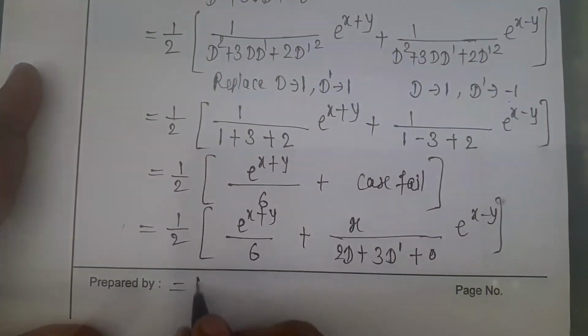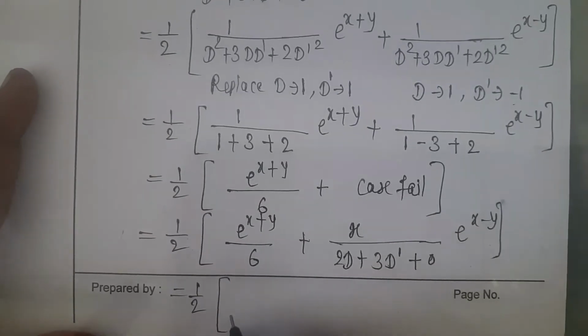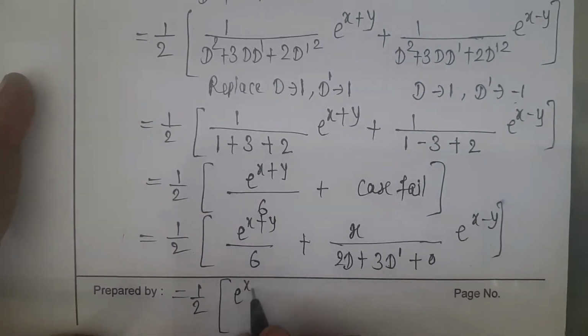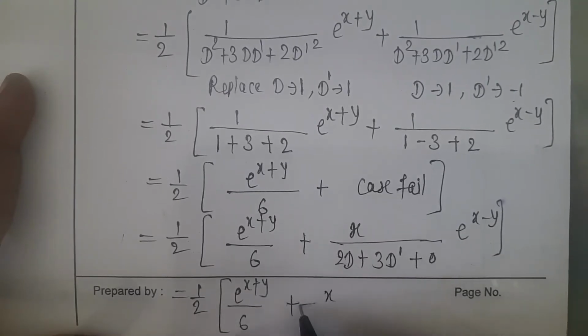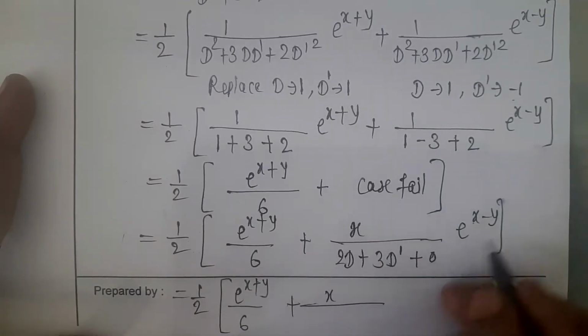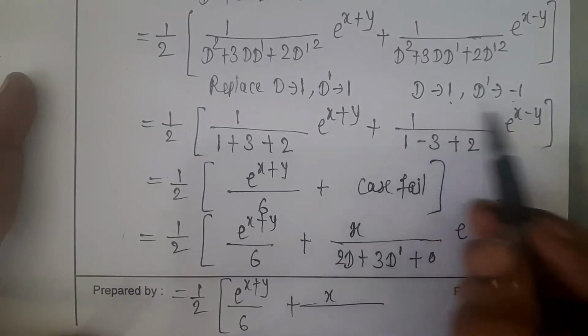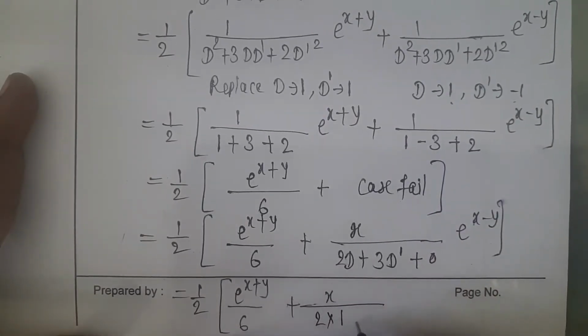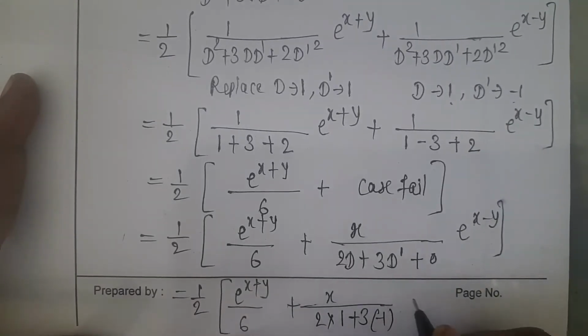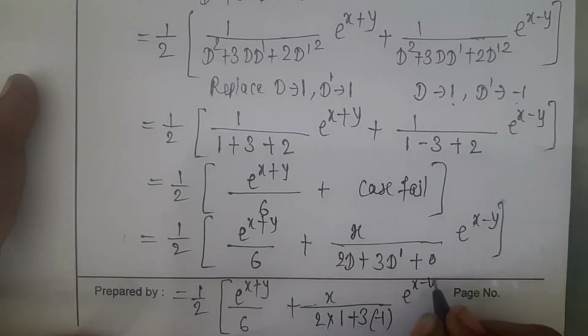It is equal to 1 by 2 times e to the power x plus y divided by 6 plus x divided by, replace again, same replacement will be there, d by 1 and d dash by minus 1. So 2 multiplied by 1 plus 3 multiplied by minus 1, multiplied by e to the power x minus y.